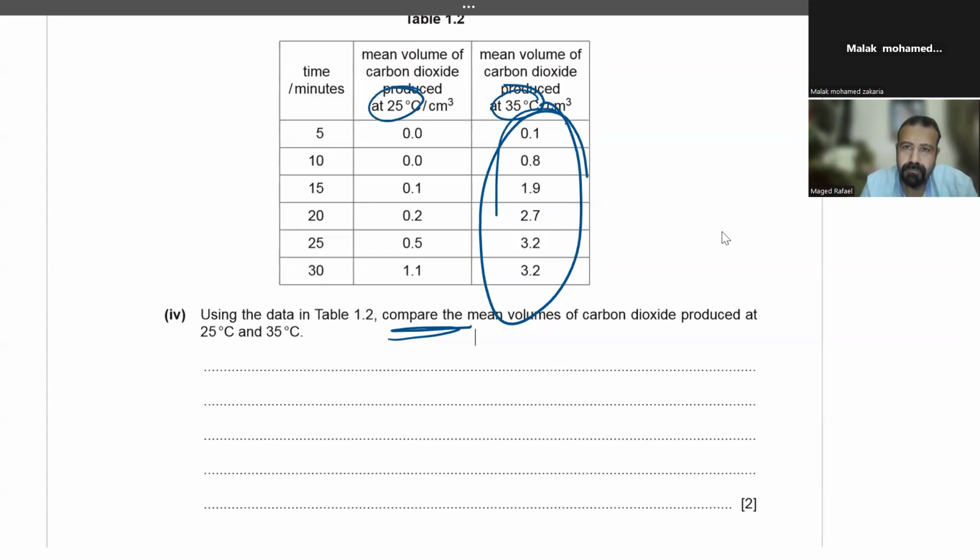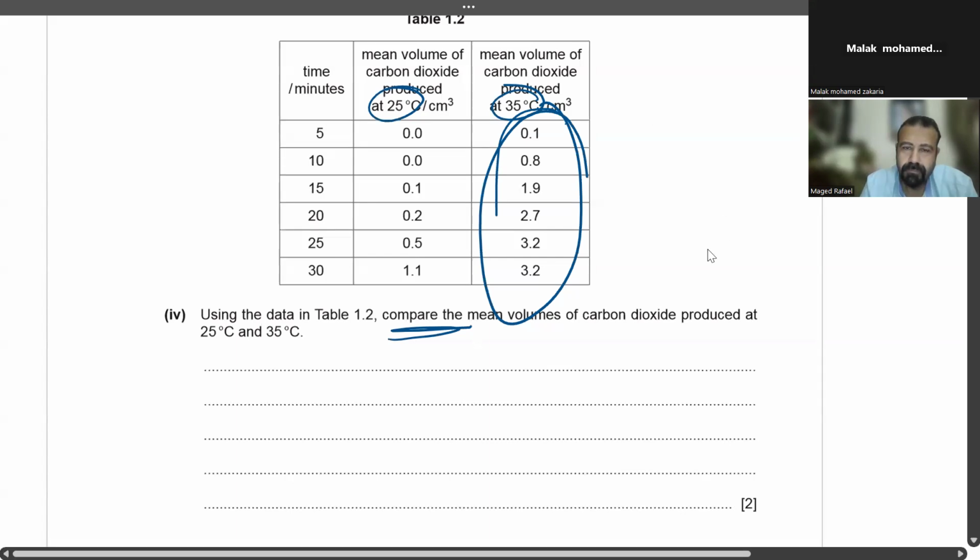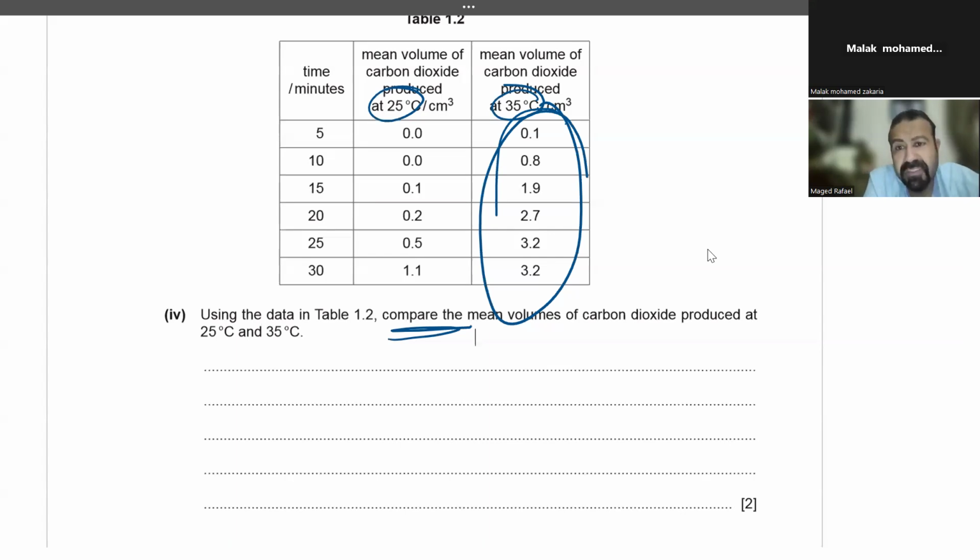Mister, can I say that at 25 and 30 minutes at 35 temperature they were constant? Yes, you should write levels of, or constant, or the same. This is another point. However, at 5 and 10 minutes, there was no carbon dioxide produced at the beginning of the experiment. So we could mention this one, okay?